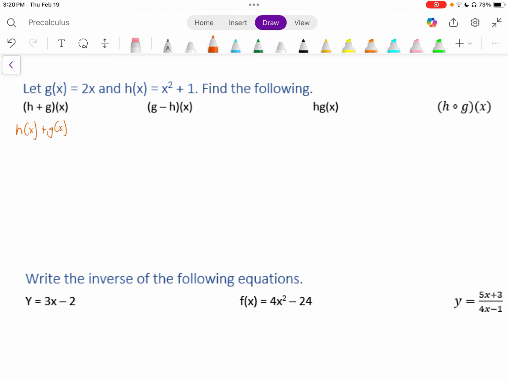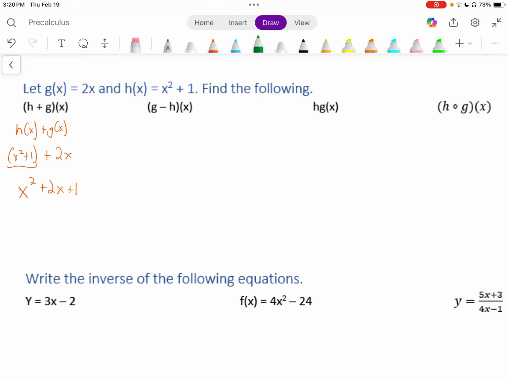So h of x is x squared plus 1, and we want to add g of x, which is just 2x. In this case, these parentheses aren't doing anything extra, so we can drop those. We usually put our answer in descending order. So we have x squared plus 2x plus 1.